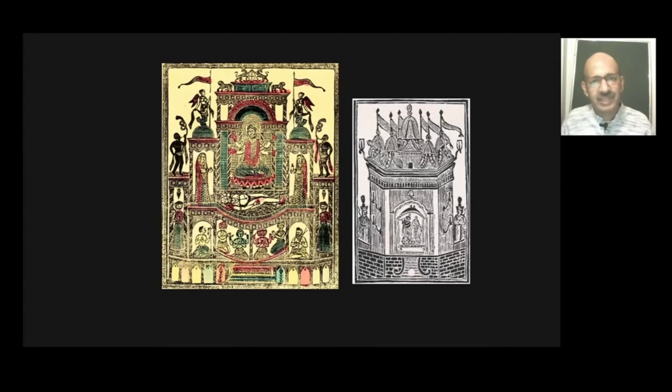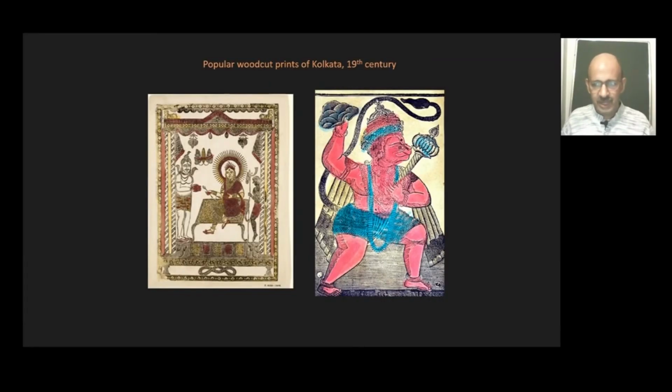In fact, I remember in my childhood also, I saw black and white photographs with hand painted colors done by a studio artist, and they were used in our households as color photography. But technically speaking, those were not color photography, not polychromatic photography; they were monochromatic photography, black and white, but color was separately applied manually on the black and white photographs. Something like that was already happening in early 20th century Kolkata.